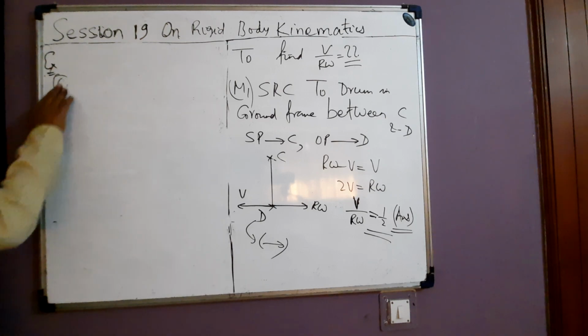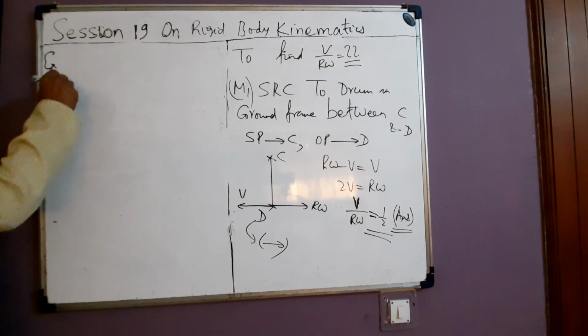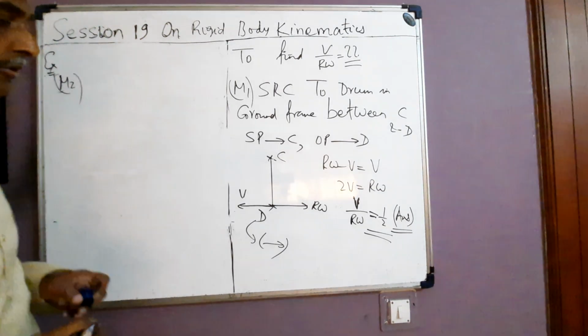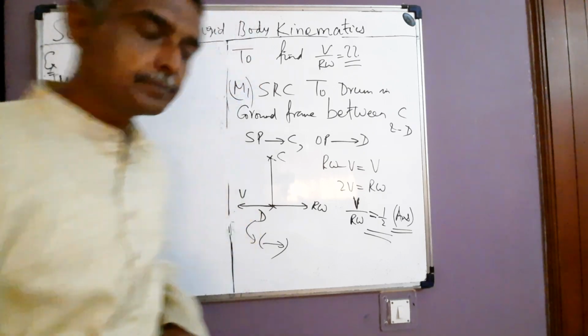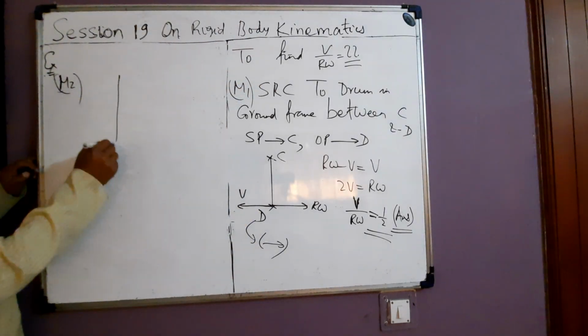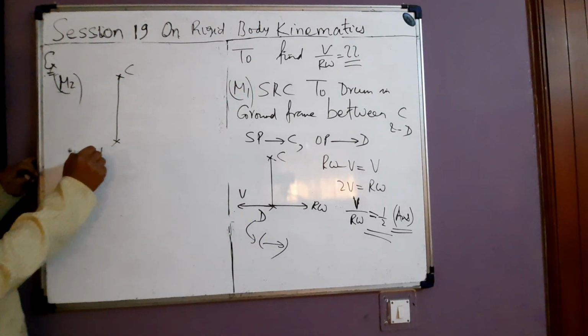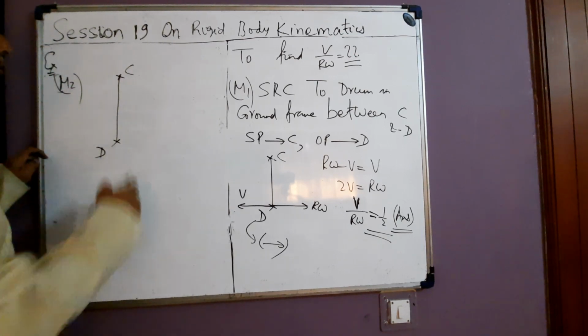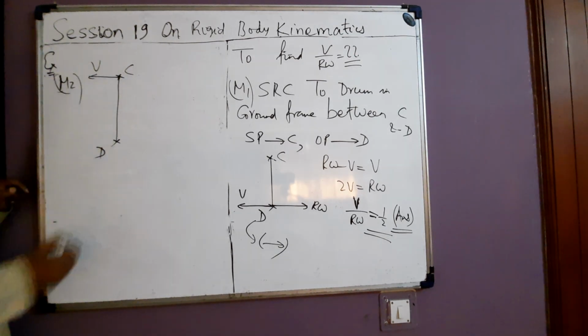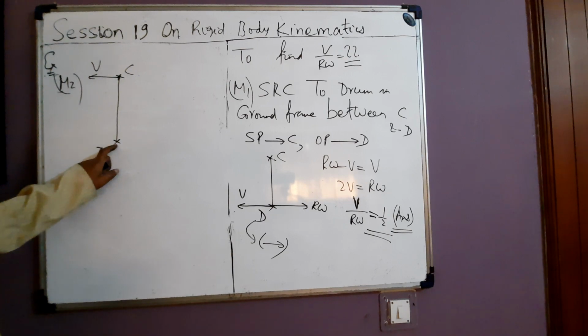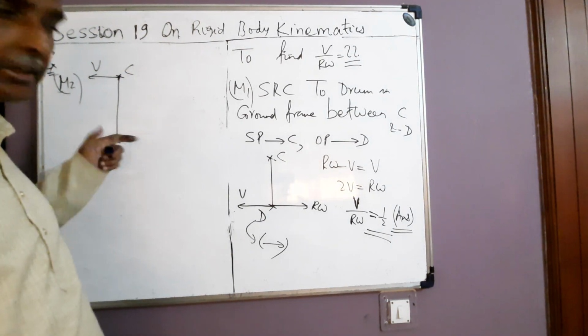So we consider the line CD, C and D. Now we found that velocity of C is V leftward and velocity of D is the same as velocity of point P of the plank with respect to ground, that is V rightward.